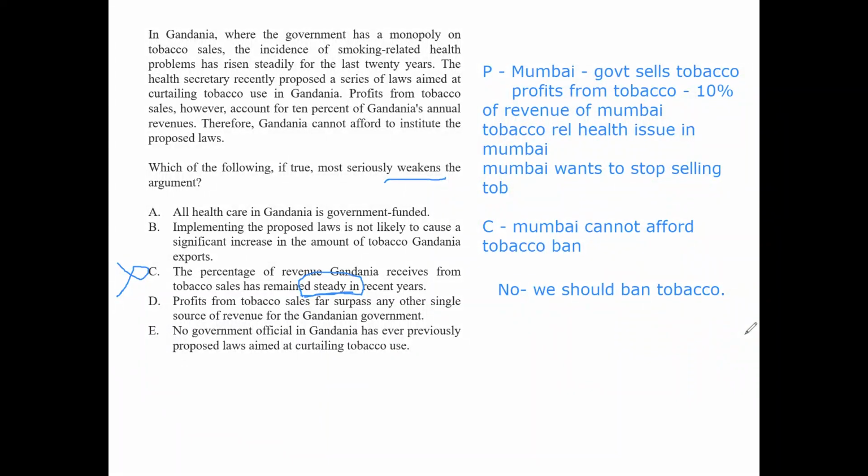Profits from tobacco sales far surpass any other single source of revenue for the Gandania Mumbai government. So it means the profits from tobacco are the highest compared to any other resource. So it is supporting the argument that Mumbai cannot ban tobacco. So D cannot be the correct answer either.